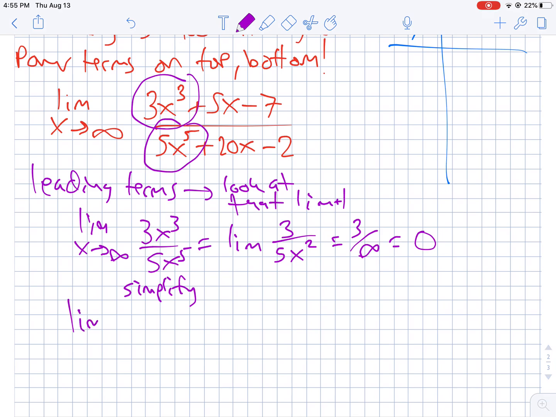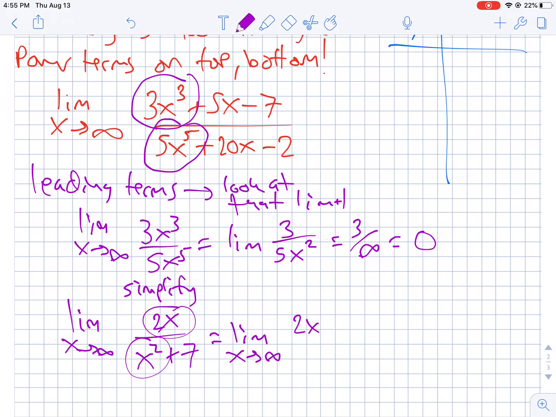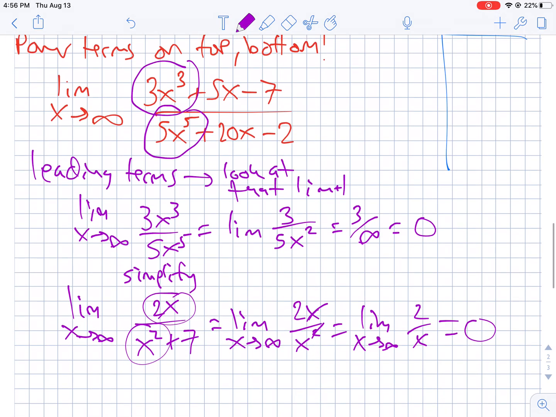So if you take a limit as x goes to infinity of, I don't know, 2x over x squared plus 7, you just look at the biggest terms on top and bottom, and you say, I'll just take a limit as you go to infinity of 2x over x squared. You can cancel the x's. So that's just a limit as x goes to infinity of 2 over x, which is 2 over infinity, which is 0.